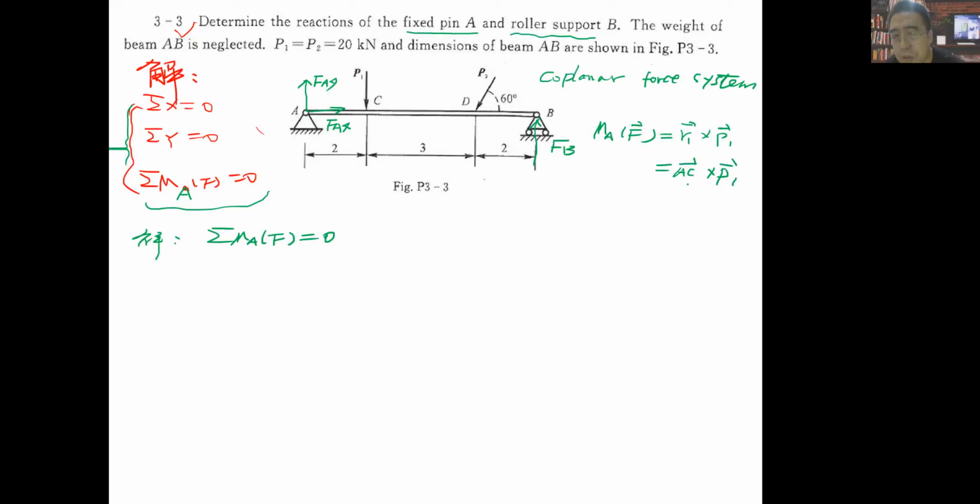Actually, we know that the cross product of two vectors gives another vector as a result.